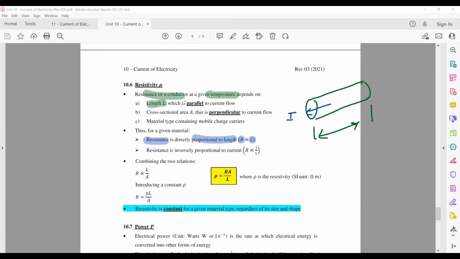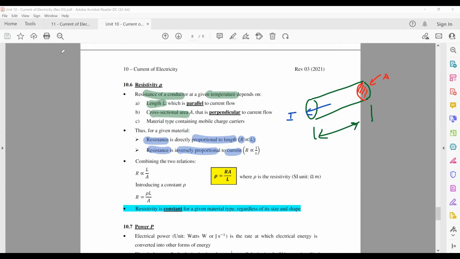The second thing is that resistance depends on the cross-sectional area, which is this one here. This is your cross-sectional area A, which is perpendicular to current flow. So what can you say about resistance and cross-sectional area?